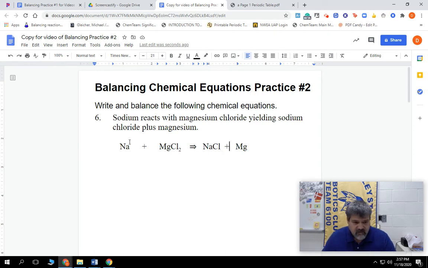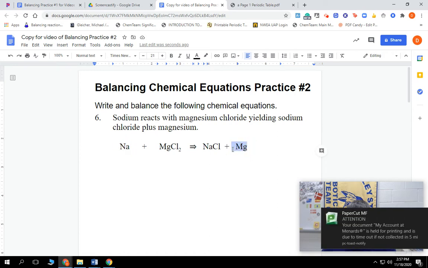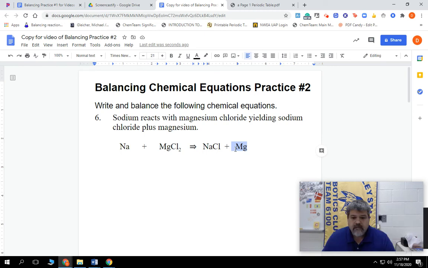Now, the next thing we have to see is whether Na, because it's by itself, or Mg, magnesium, that it's by itself, is diatomic. So how do we see if they're diatomic?